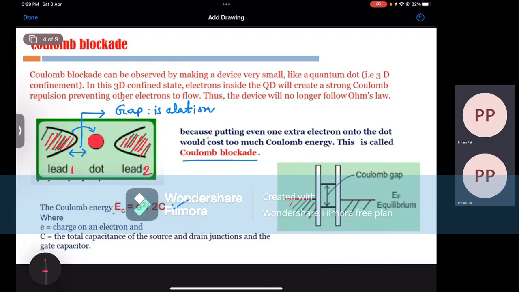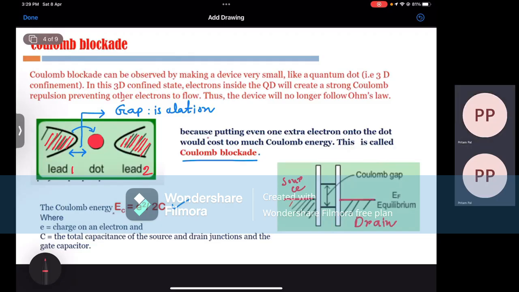So this is the allowed energy level, let's say, the state on the source side. And this is the allowed energy states on the drain side, right?